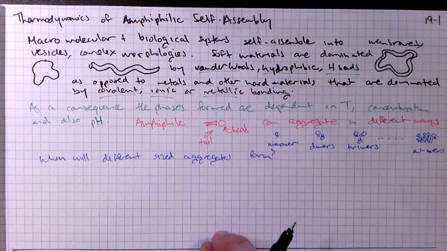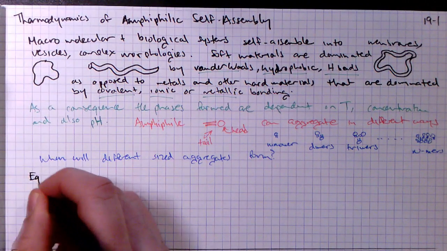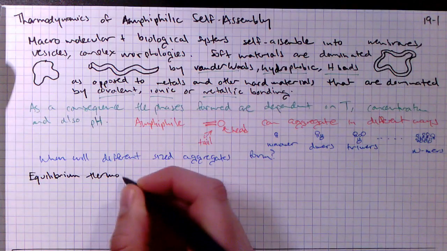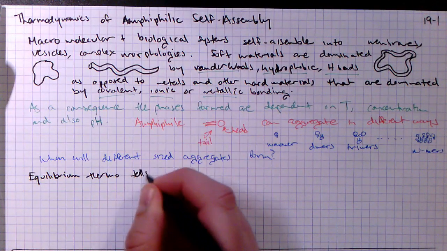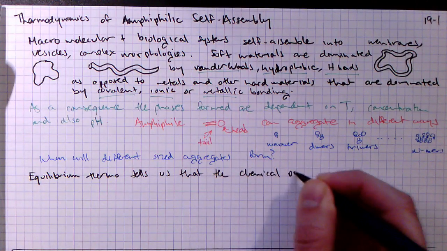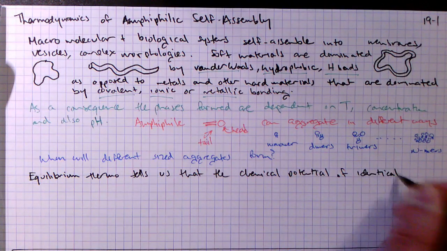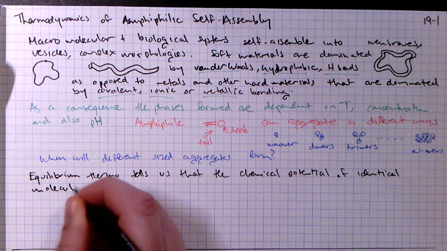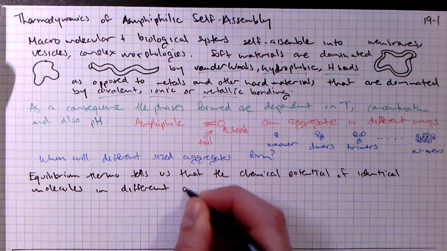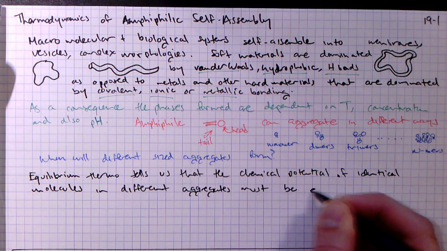Okay, well, what can equilibrium thermodynamics tell us, right? Equilibrium thermo tells us that the chemical potential of identical molecules in different aggregates must be equal.